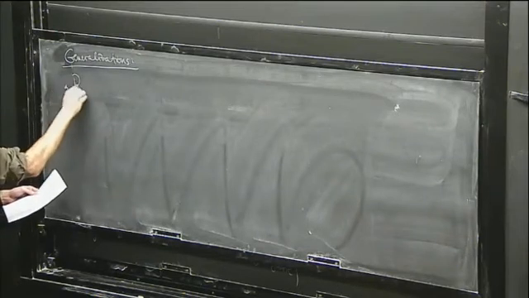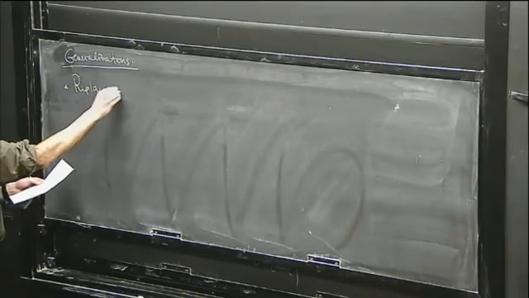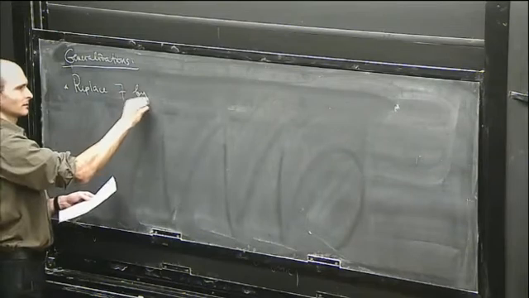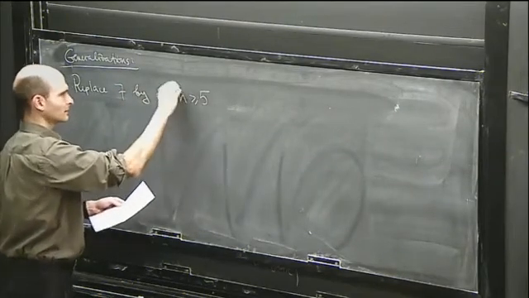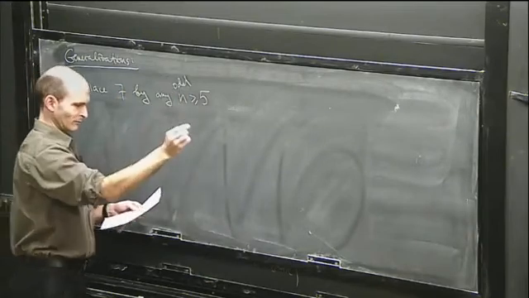So the first generalization: replace 7 by any odd n greater than or equal to 5.